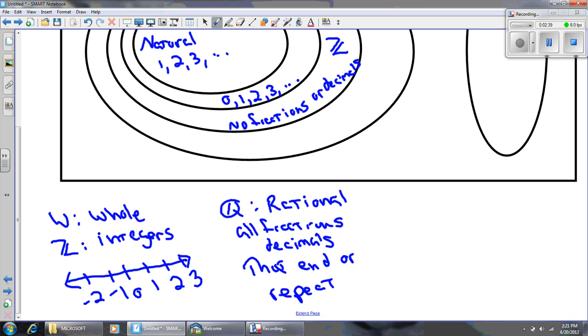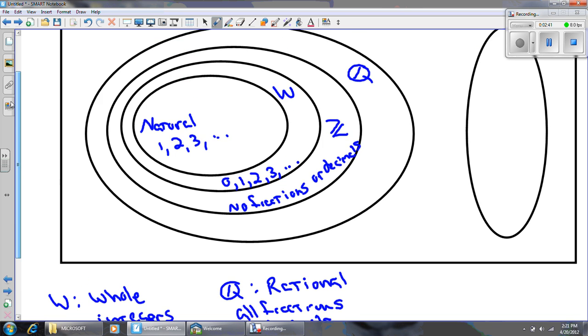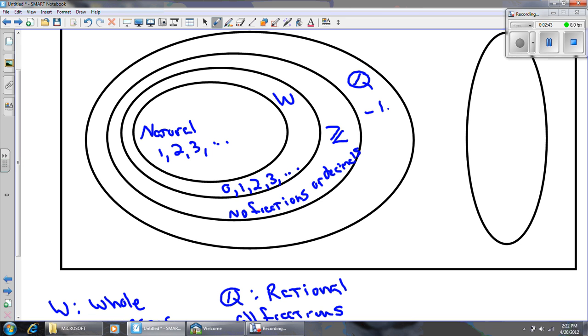Okay, so this is where the negative fractions show up, like negative 1/2 belongs in here, 5 2/3 belongs in here, 6.4 repeating belongs in here, 2.3 belongs in here, negative 1.8 is rational. Okay, so are all the other numbers before it.